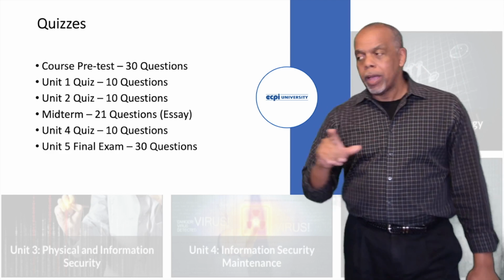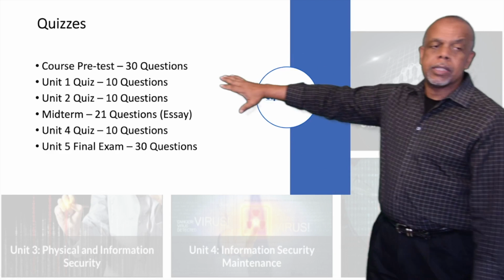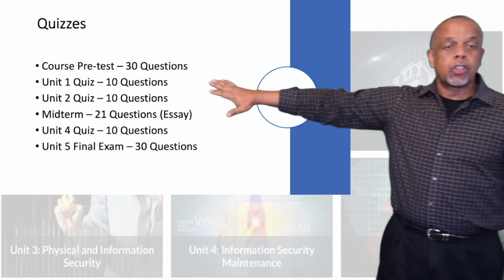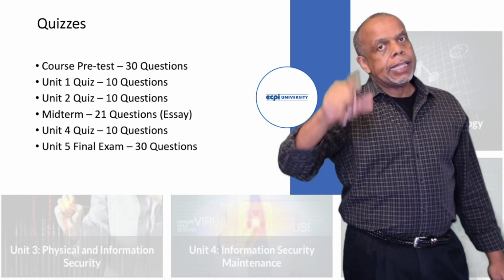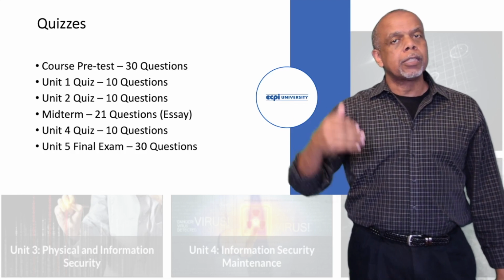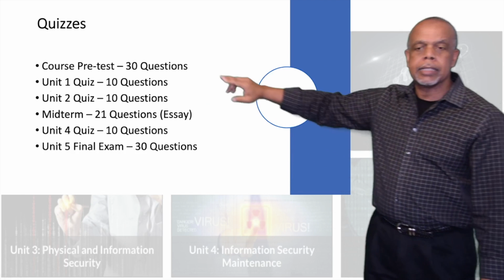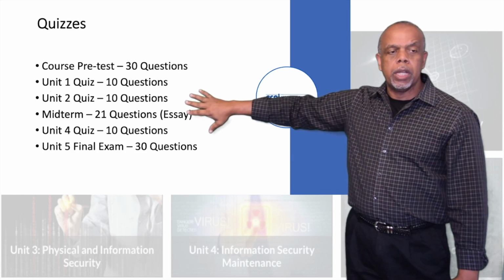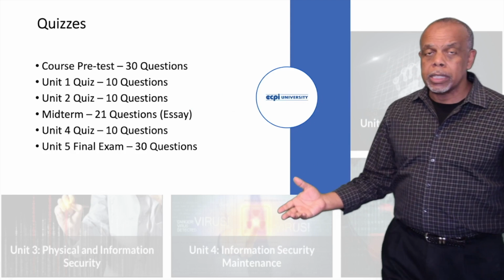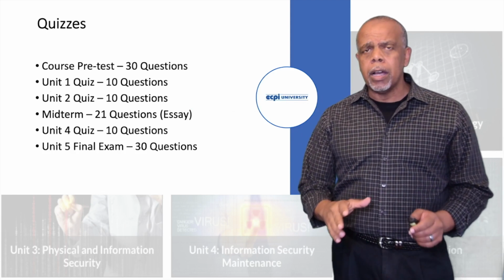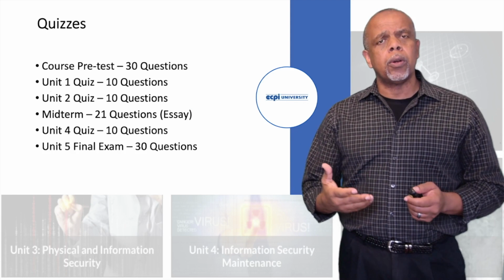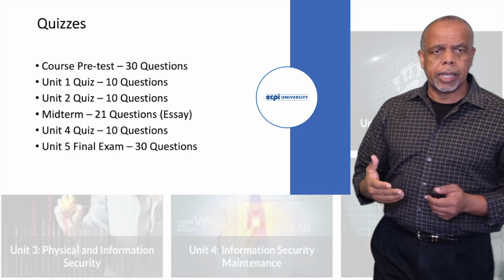Now, this class, we do have quizzes. Yes, there are quizzes, but they're pretty easy. There's a 30-question pretest. Yes, I want you all to do that pretest before you start the course. Knock out that pretest. Then your Unit 1, Unit 2 quizzes, they're 10 questions each, and they really prep you for your exams.